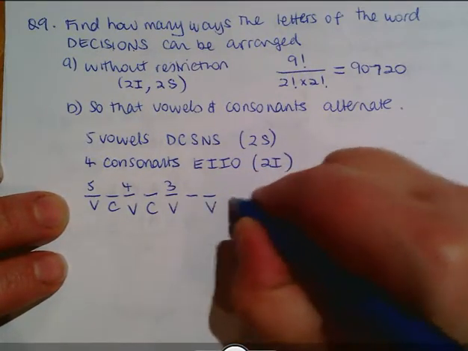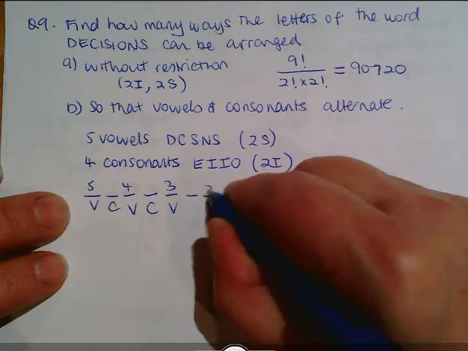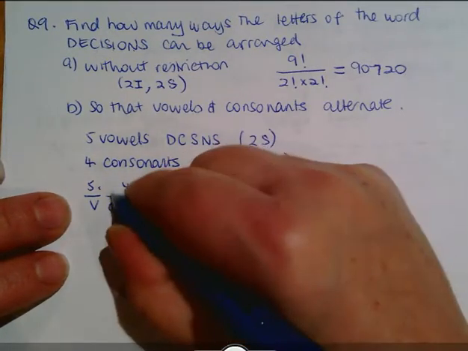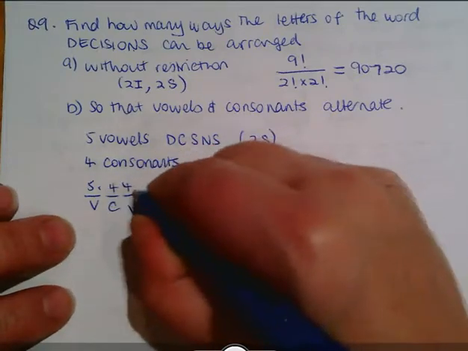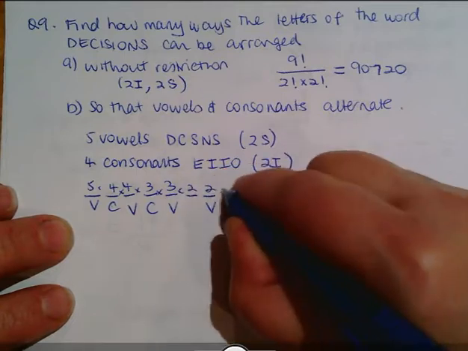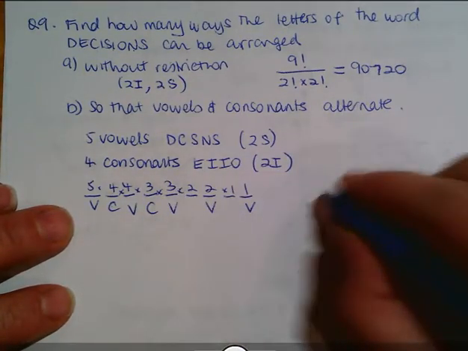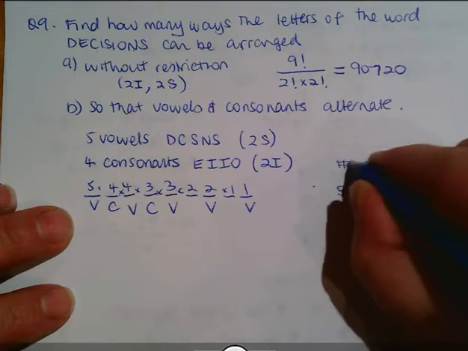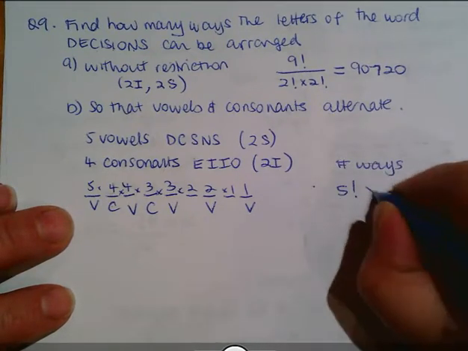We've done this in other exercises, then 2, then 1, with times all in between. And the consonants, because there are 4 of them, there's 4 choices, then 3, then 2, then 1. Now this really is 5 factorial, so the number of ways is going to be 5 factorial.